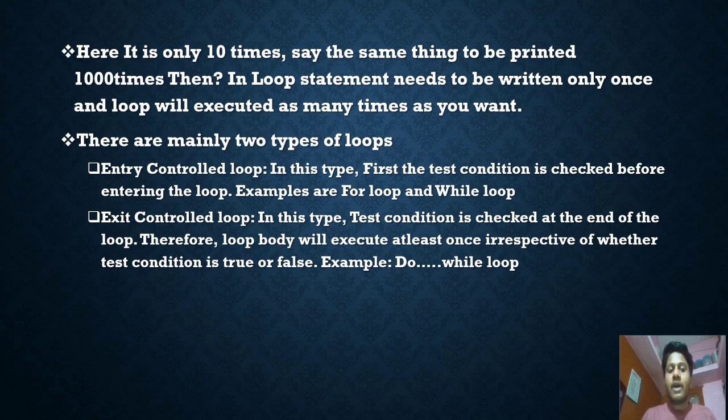Whereas in the exit controlled loop, the test condition is checked at the end of the loop, which means irrespective of the condition, the loop will be executed at least once. Entry controlled loop examples are the for loop and while loop, and the exit controlled loop is the do while loop.